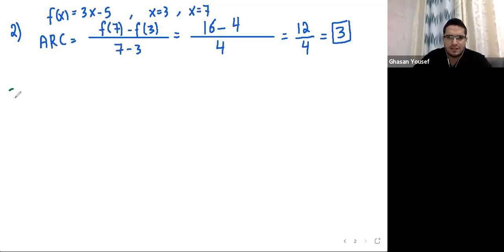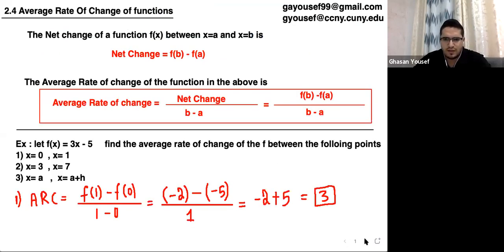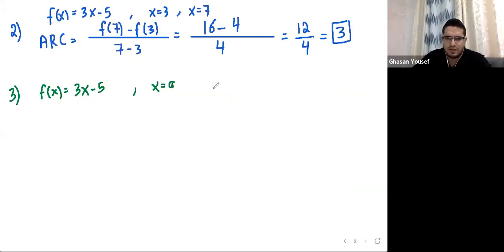The third one is the same function, f of x equals 3x minus 5, and the points are x equal a and x equal a plus h. Okay, who does this one?